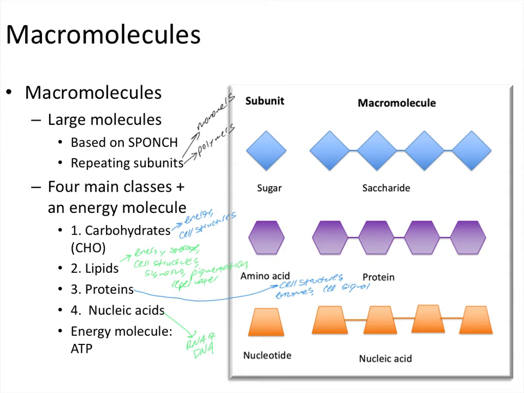So while macromolecules actually make up the cells themselves, they make up the cell structure, they help the cell function, ATP is the molecule that provides the energy for the cell to be able to do all of that.